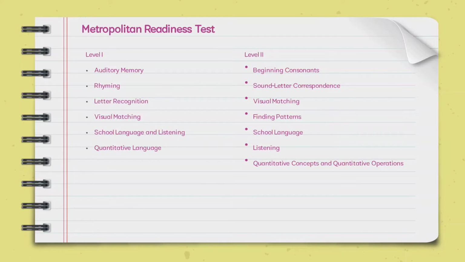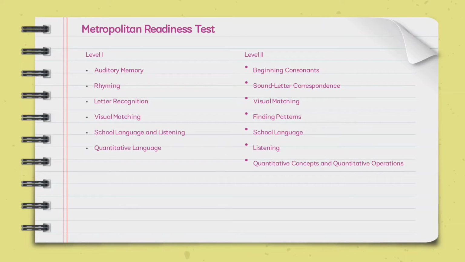In letter recognition, the examiner names different letters and the child must identify each from the series presented in the test booklet. Fourth is visual matching. A sample will be presented and the child must select the choice that matches the sample.